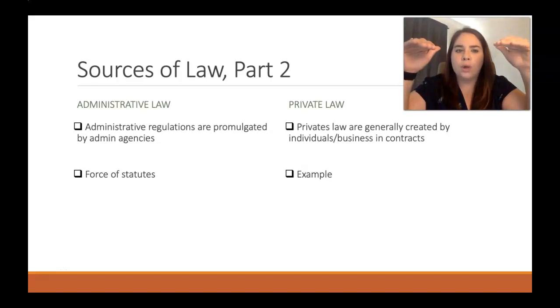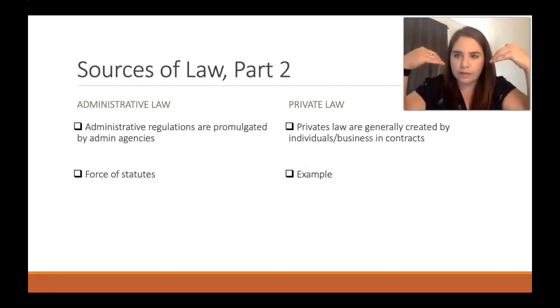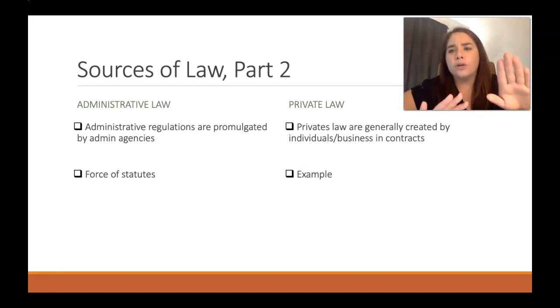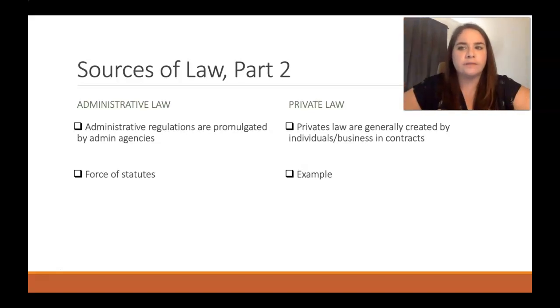They have the same force as statutory law, but the administrative agencies don't have to wait for Congress to pass them and to argue about them. They do have to be approved by Congress, but typically, because we trust administrative agencies to really know what they're doing, Congress just passes them. It's good stuff.